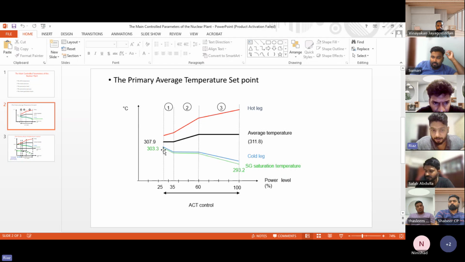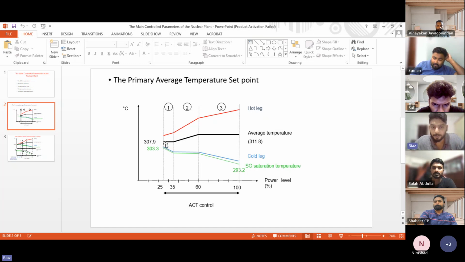So for the steam generator saturation point, the cold leg will be dropping. If the power level is rising from 25 to 35%, the cold leg temperature will be dropping, and the average temperature is maintained at a constant level. Actually, ACT means we have to meet what the power demands.